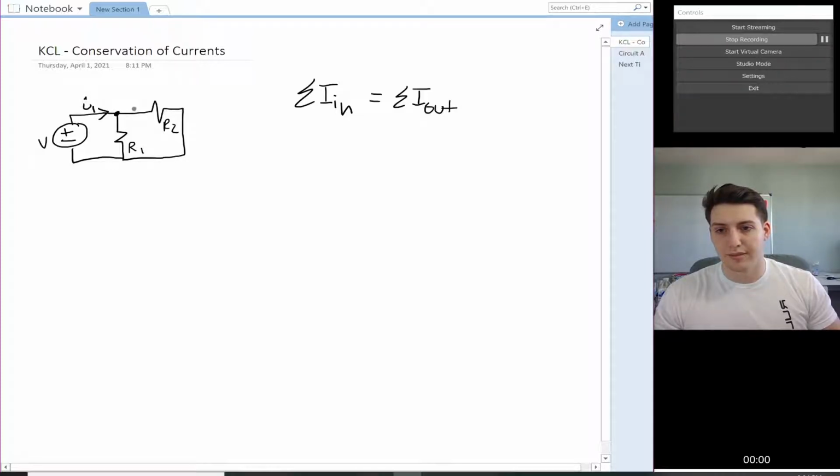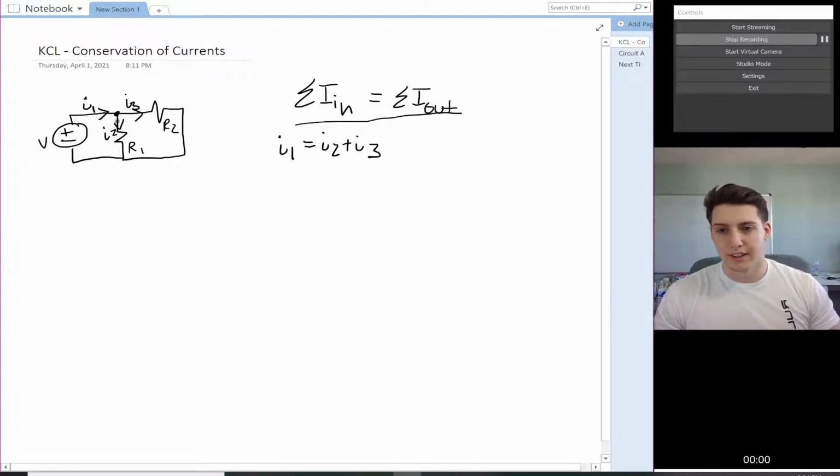We have I2, which goes through the first resistor, and then we have I3, which would go through the second resistor. So we can write our equation like this and say I1 is equal to I2 plus I3.